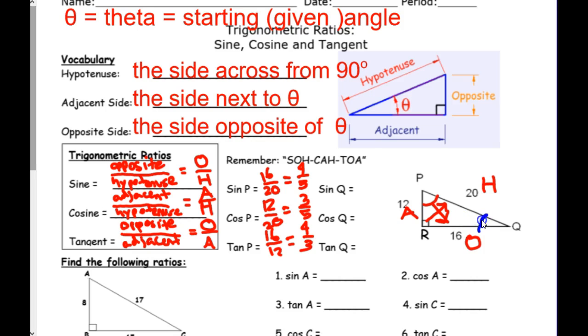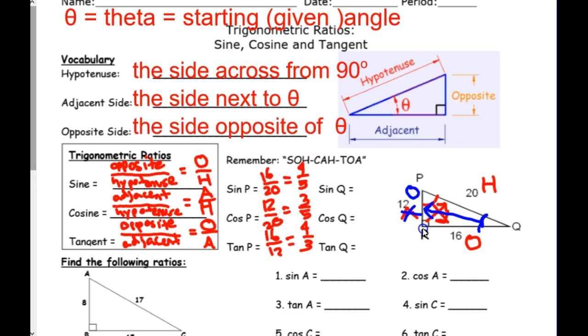If I'm starting at Q, what's my new O? 12. That means 12 is no longer A. You should cross that old A out and put an O there. So here's my O. Does H ever change? What does H mean? Across from what? Hypotenuse means across from the 90. 90 is never going to move, so H never changes.